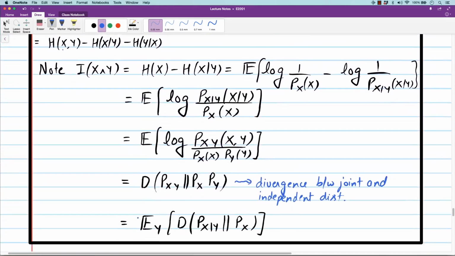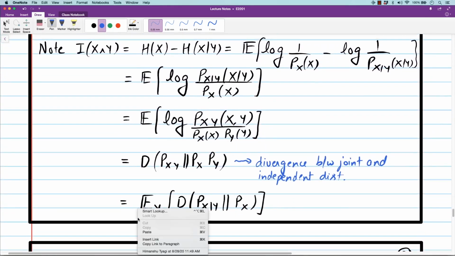Let's notice one more thing about this mutual information. This is quite interesting. Mutual information is entropy of x minus entropy of x given y. What is entropy? Entropy is the expected value of log of 1 by p(x). What is the entropy of x given y, the conditional entropy? That's the expected value under the same joint distribution of log of 1 by p(x given y). So I can take this expectation outside and look at this expression.